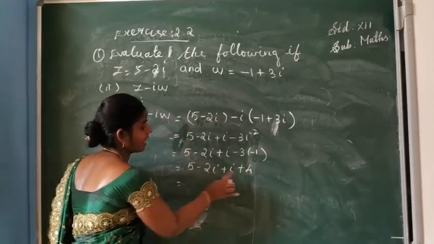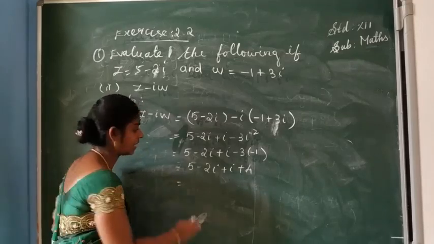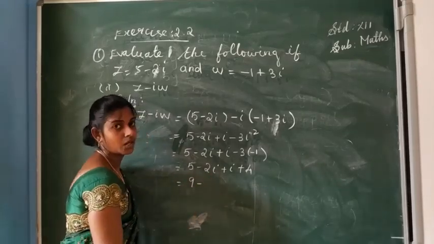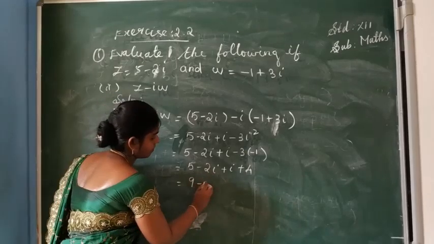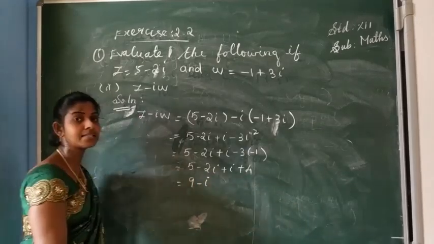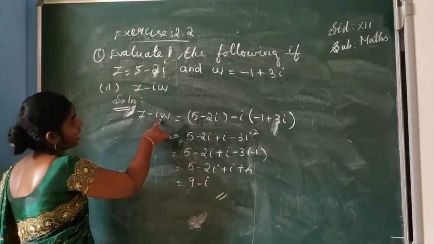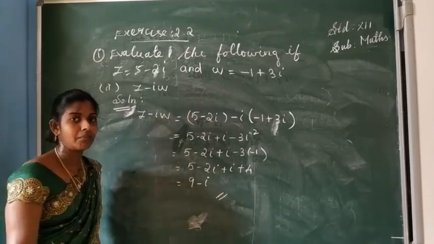That's equal to 5 plus 4, the value is 9, minus 2 minus 1, value is minus 1, 9 minus i. This is the answer. So z minus iw, the answer is 9 minus i.